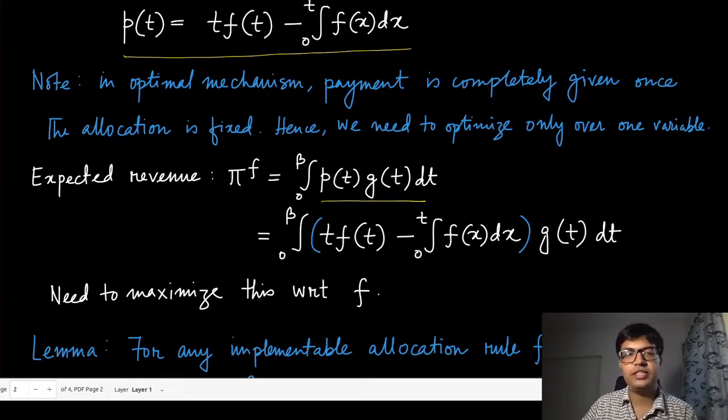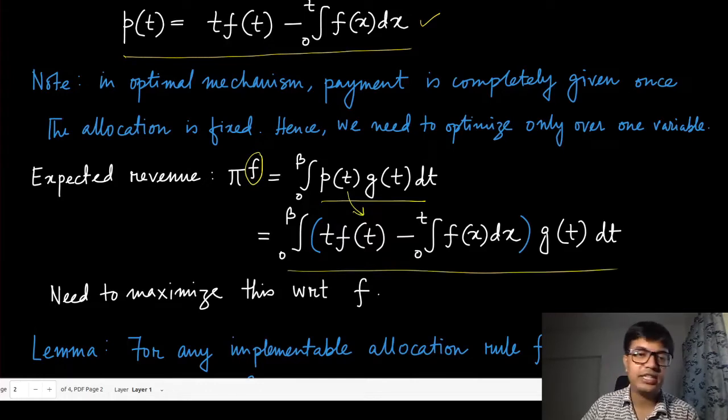The moment you fix the allocation rule in this optimal mechanism, you exactly know what the payment formula is, and therefore this is only a function of f, the allocation rule, and we can expand this out by replacing this p t appropriately to find out what the expected revenue is.